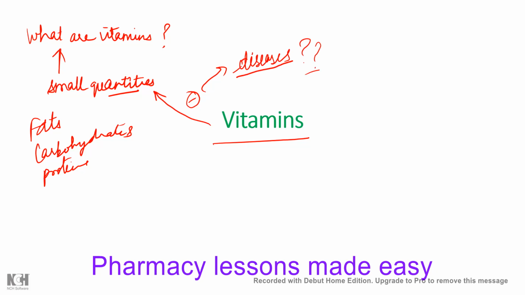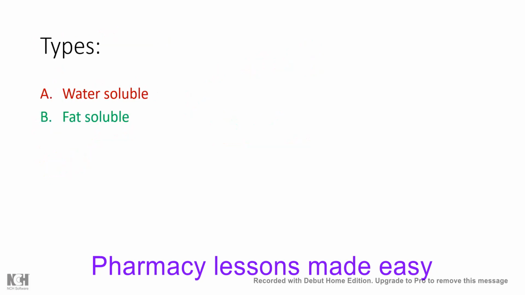So many vitamins, especially those of B group, B1, B2, B3, B5, B6 and B12, function as coenzymes, but not all vitamins have coenzyme function. If we talk about their basic types, they are broadly divided into two main categories. One is water soluble vitamins and the other one is fat soluble vitamins.